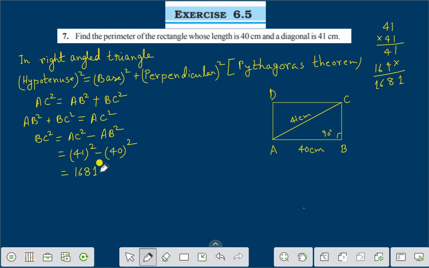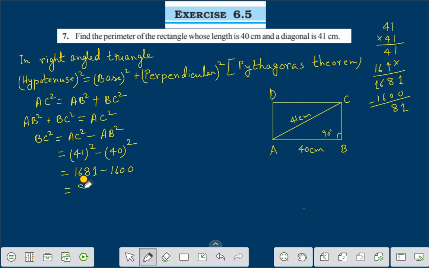1681 minus 40 into 40, 4 fours are 16, 0 0. Therefore 1681 minus 1600, that comes to 81, right?